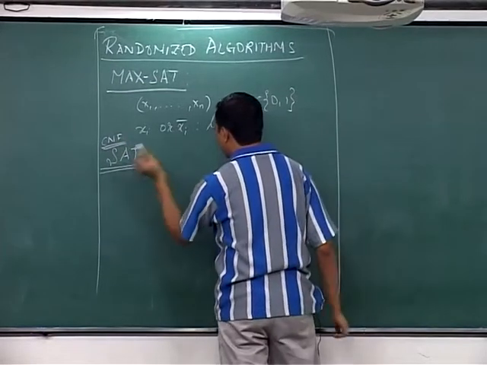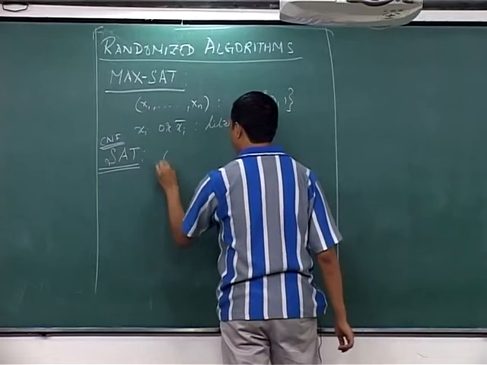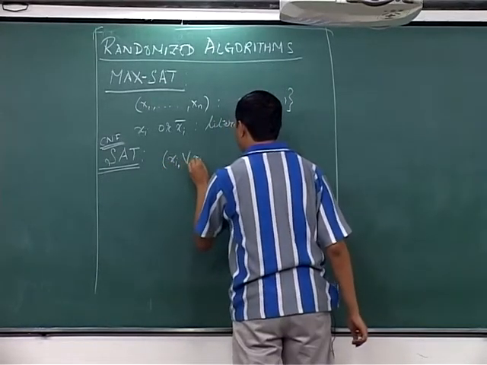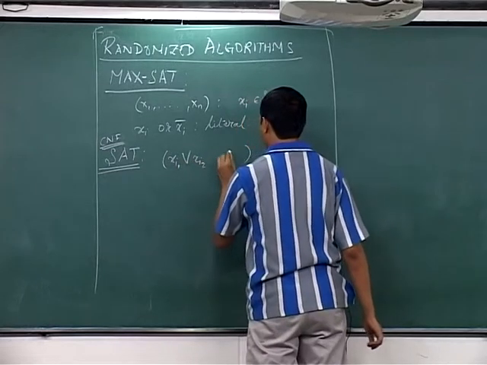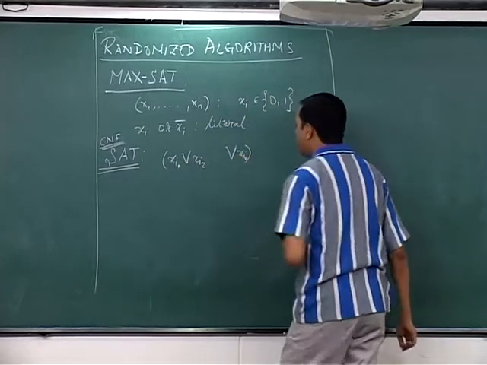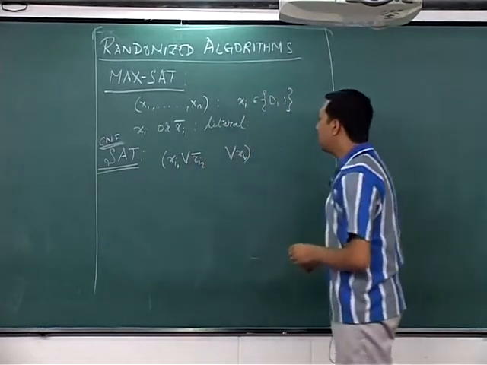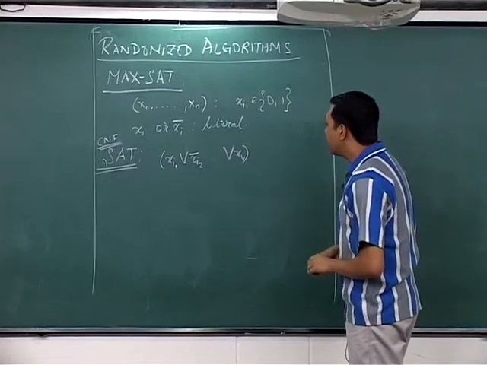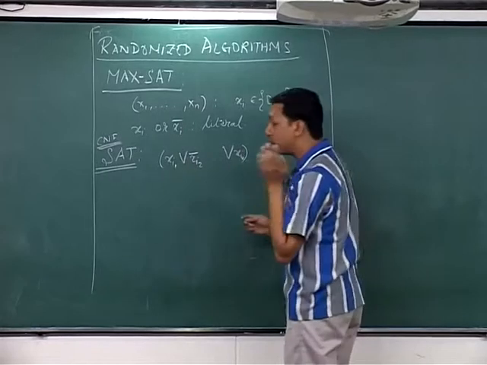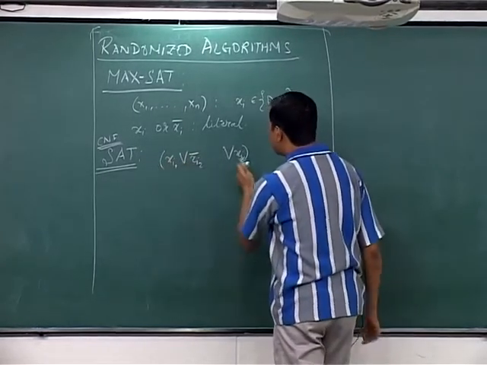CNF is conjunctive normal form. So what you will have is a set of clauses, something like xi1 or xi2 or ... xik. This clause is true if at least one of these is true.